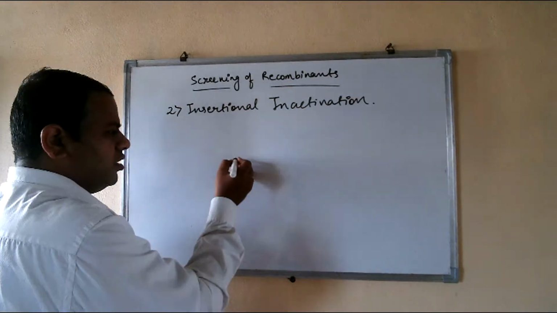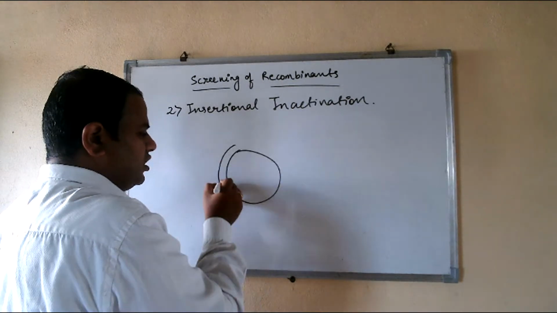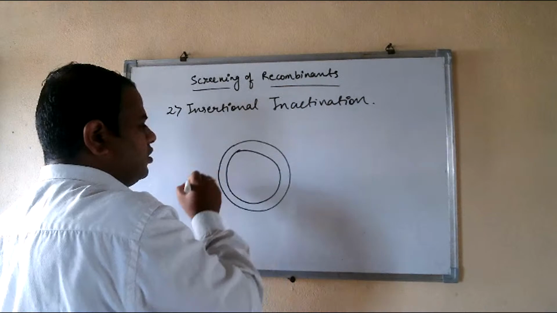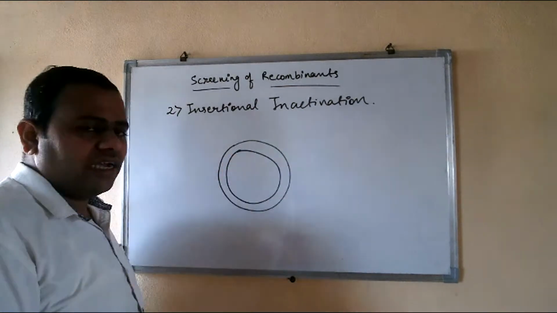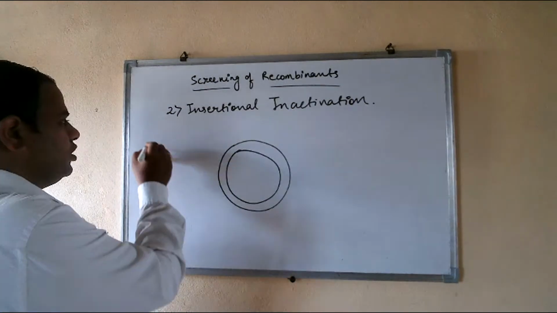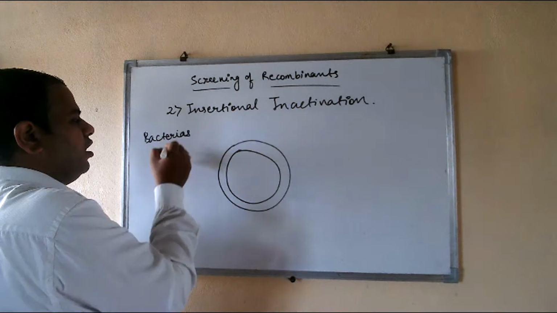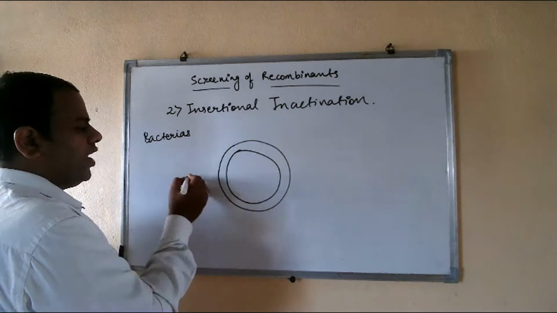For example, a genetic material is there. Suppose this is the genetic material, that is a plasmid. Plasmid, you know, is a double stranded circular DNA present in bacteria. Other than the chromosomal DNA, there is also a plasmid.